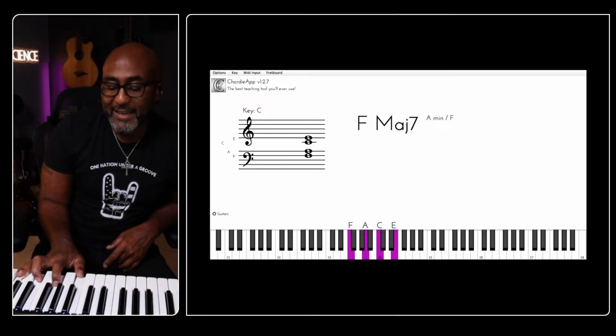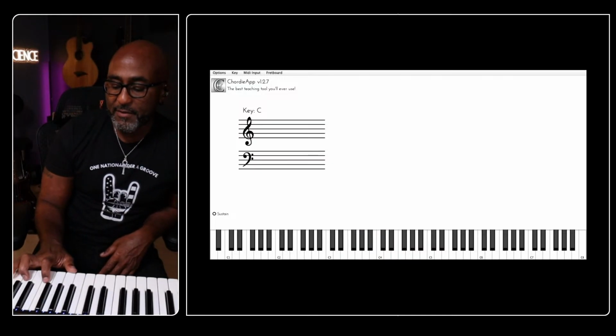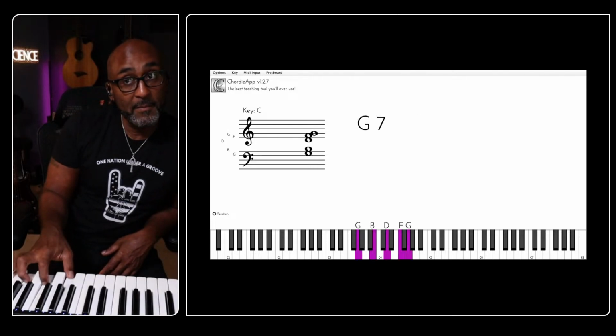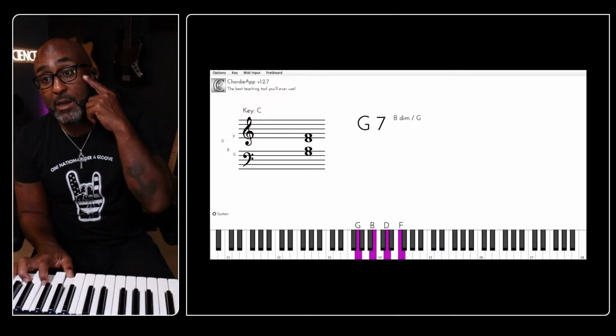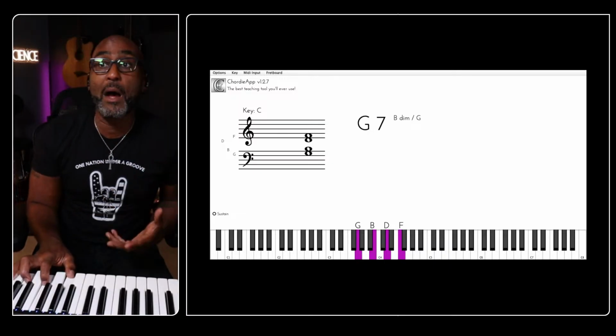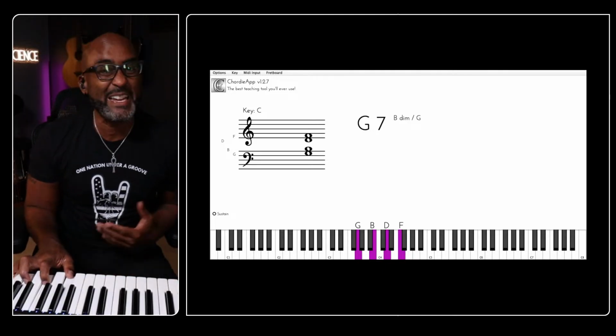Major 7. Now the oddball is going to be the 5. It's going to be a dominant, what they call dominant 7, or a 7th chord.